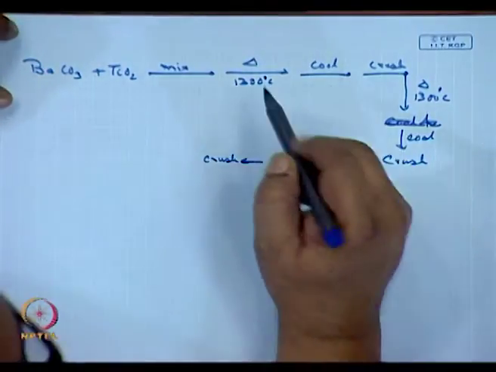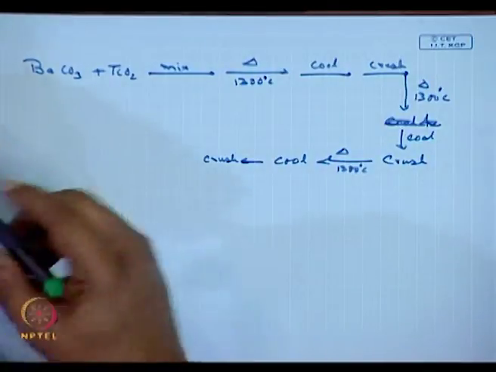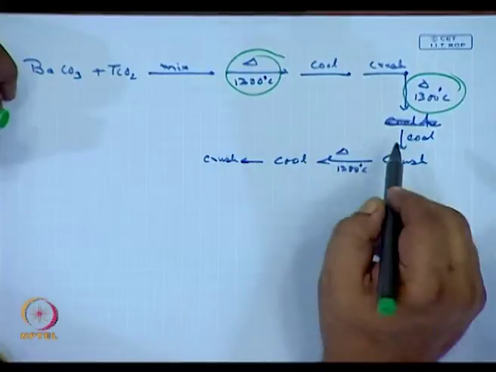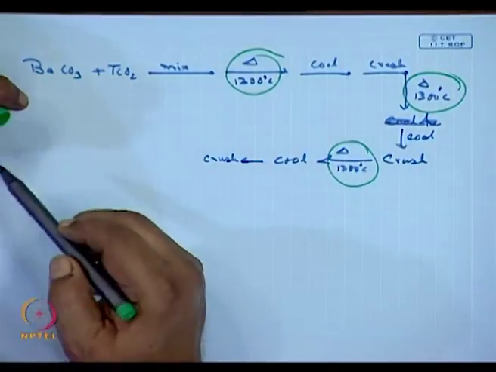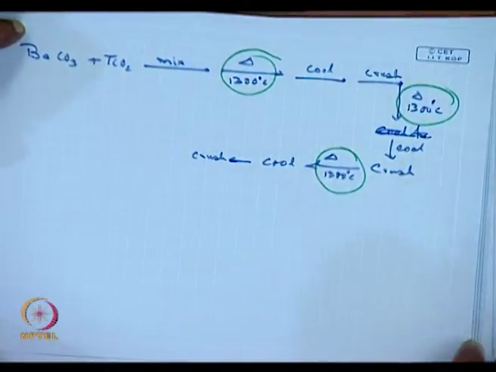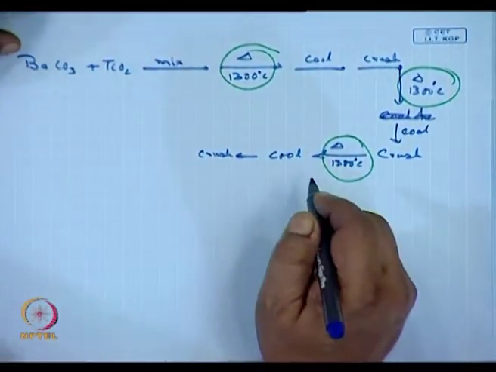You see, there were so many added unit operations. One heating step, cool, crush, second heating step, cool, crush, and third heating step, cool, crush. This is an inherent problem of solid state reaction.